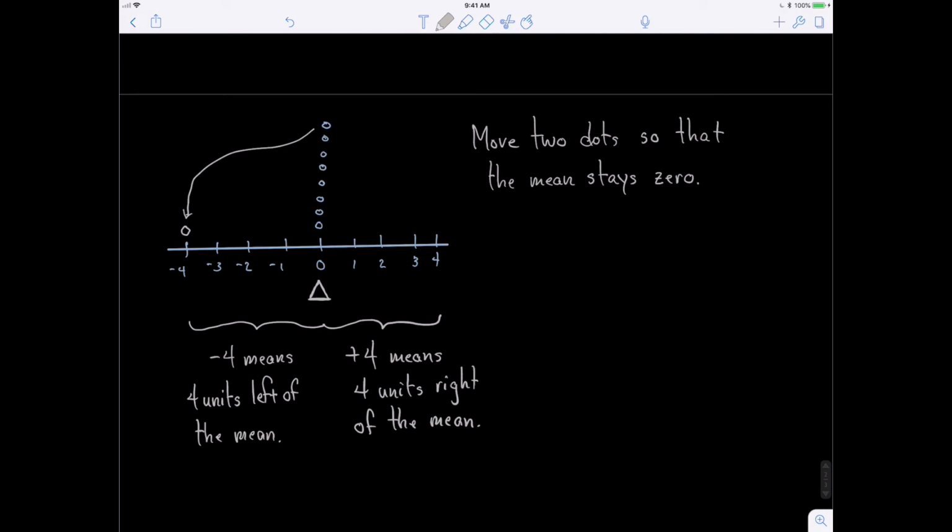And you may notice that there's a couple ways you can do this. There's actually two. One might be we could move a dot over here to 1 and a dot over here to 3. Well, 1 plus 3, that gives me 4. And now if you put that in the formula for the mean, it'll stay balanced.